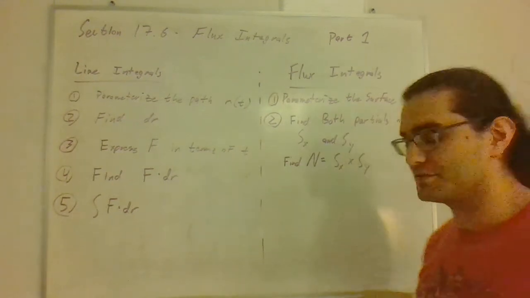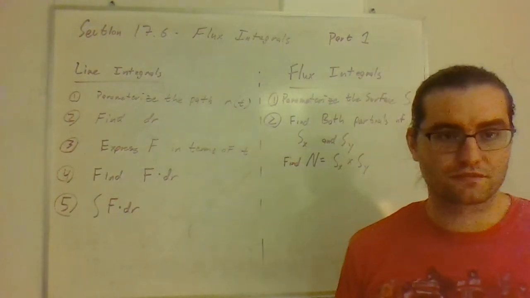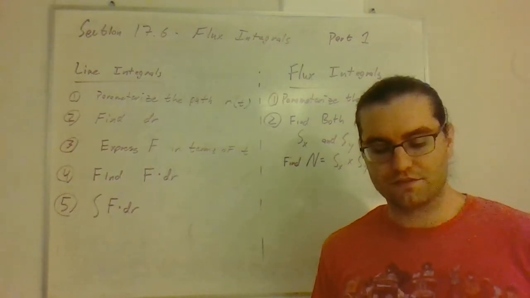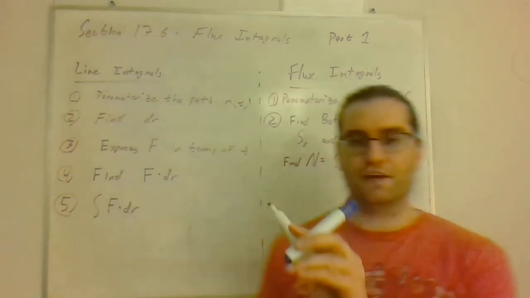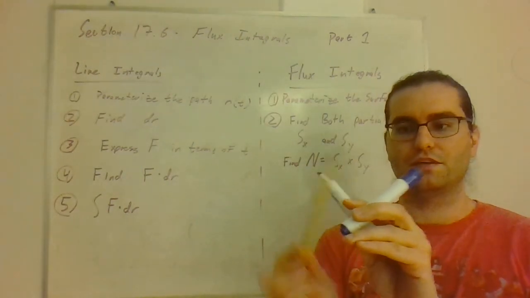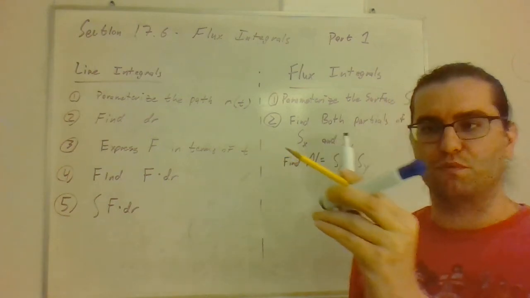of these two derivatives. We know from chapter 13 that the cross product of two vectors is the vector that's perpendicular to both of them. And that's what we want here.